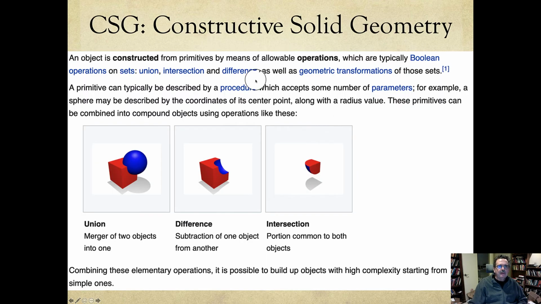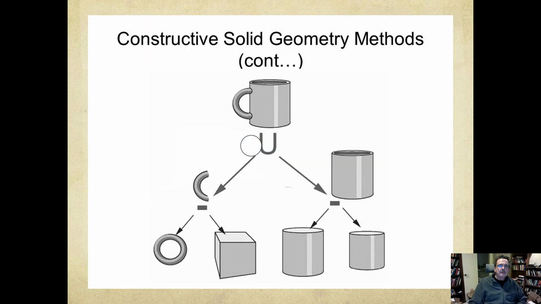There's another area called constructive solid geometry, and I'll go over some simple examples of this. But again, most of these slides, if you click on these, you'll find the reference for what I'm talking about, and it'll go over it in more detail. So here's an example of constructive solid geometry. Generally, what you're taking is logical Boolean operations.